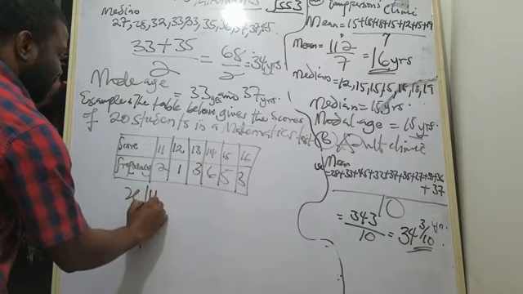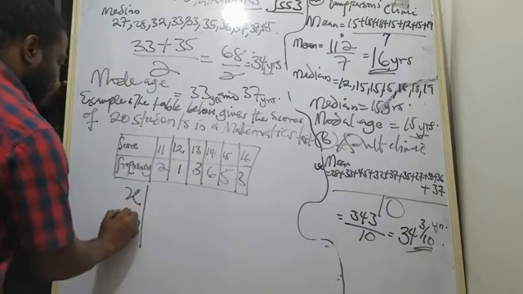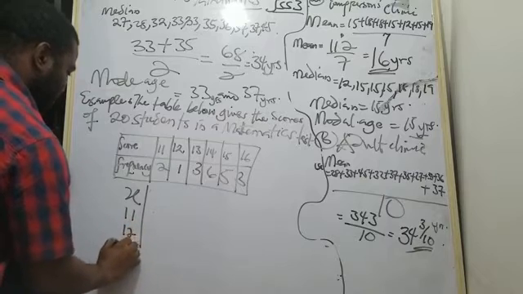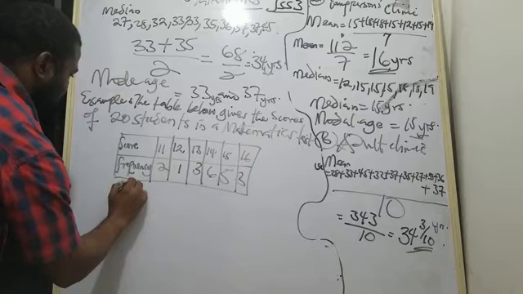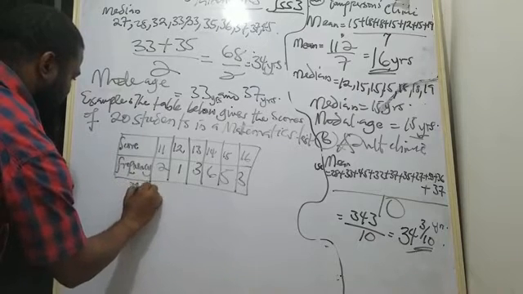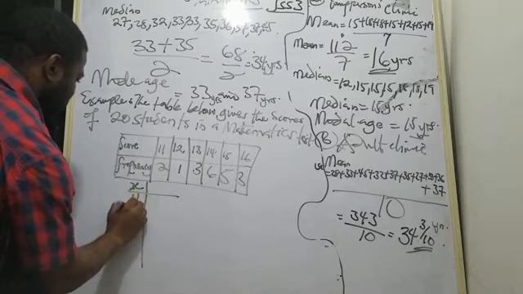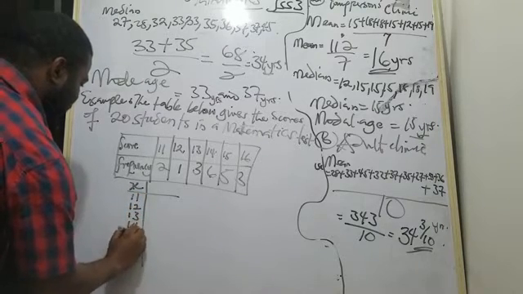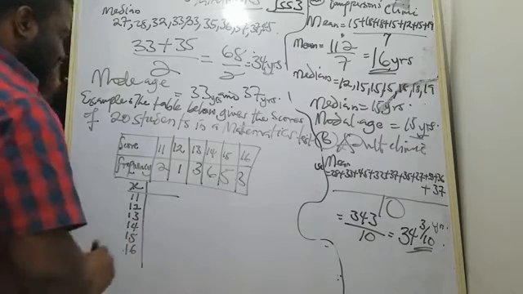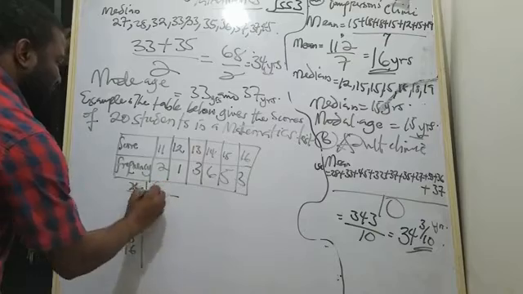You have 11, 12, 13, 14, 15, 16. And then we have our frequency.